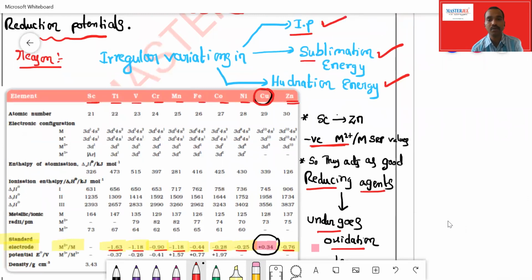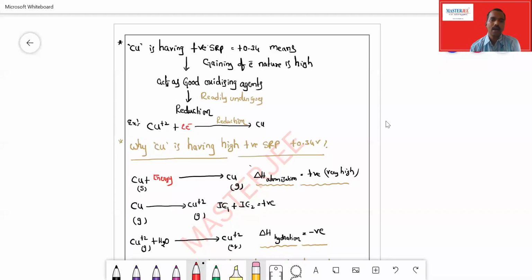Why does copper have a high positive SRP of +0.34? Whoever has a highest positive SRP value has a high electron-gaining nature.